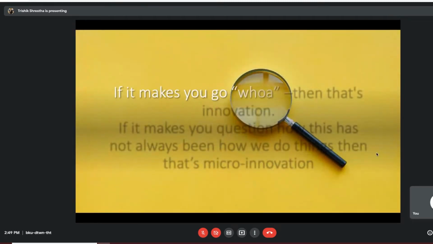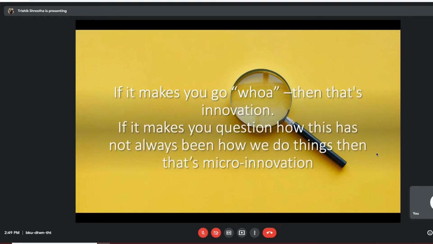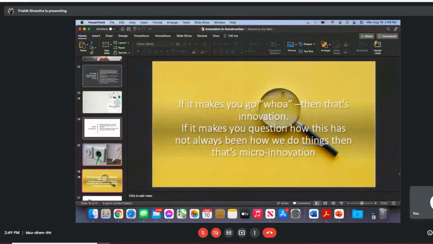My saying while understanding innovation and micro innovation, macro and micro, or just innovation: if the thing that you're seeing makes you go, whoa, that's amazing, then that is considered to be innovation. If the thing that you're seeing makes you question how this has not always been how we do things, how has this not always been how we do the thing that we're currently doing, then that is micro innovation.